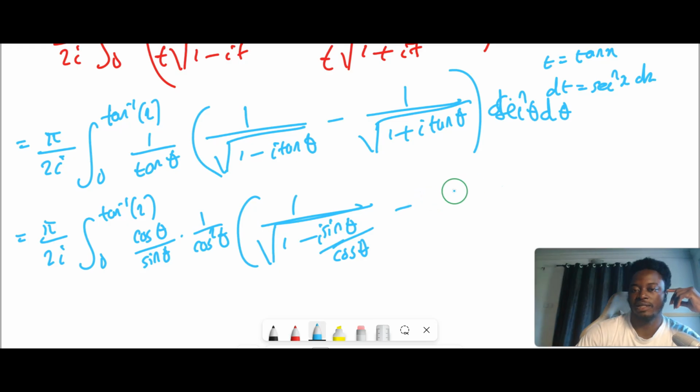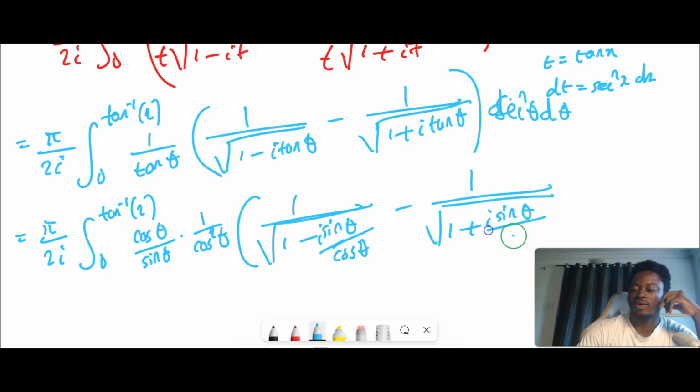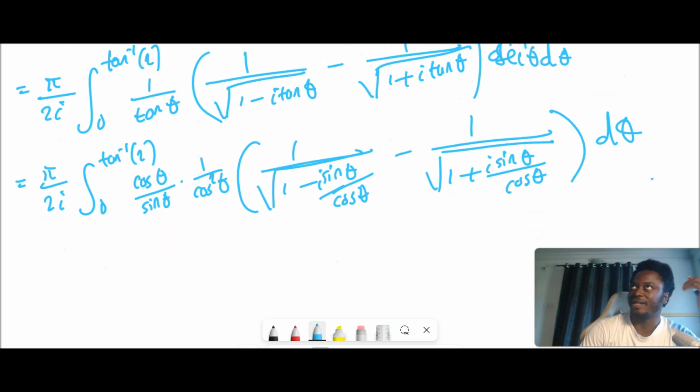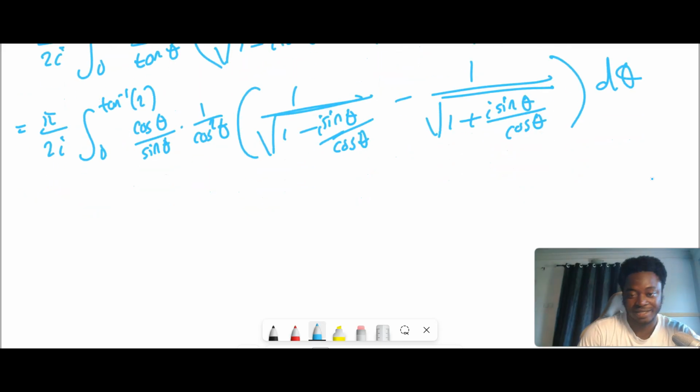Then you subtract this from 1 over the square root of 1 plus i sine of theta, all divided by cosine of theta, d theta. So this is the part where it looks like we are making progress, then we hit a dead end. Now it looks like maybe something may be happening. Hopefully, we pray that everything simplifies out nicely.